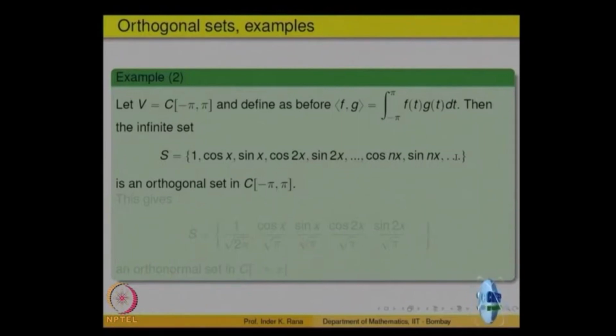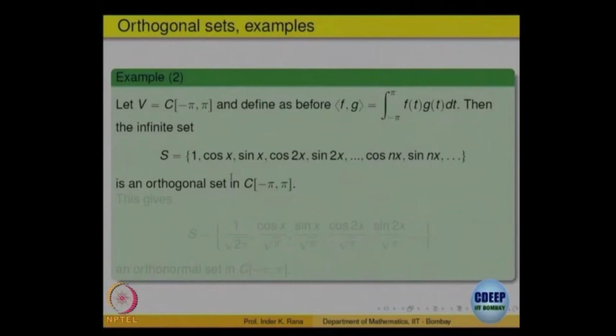Why is that orthogonal? What is the integral of cos x between minus pi to pi? It is a periodic function, so it is 0. And if you take cos square, dot product you want to take, what is the norm of this?